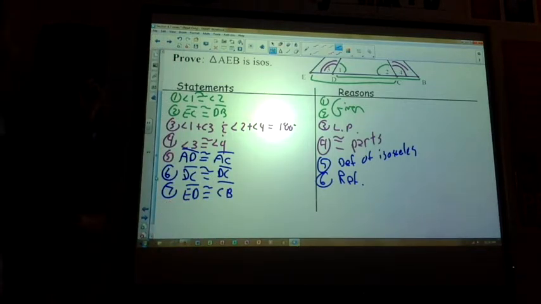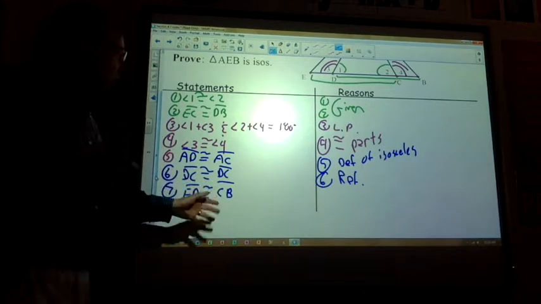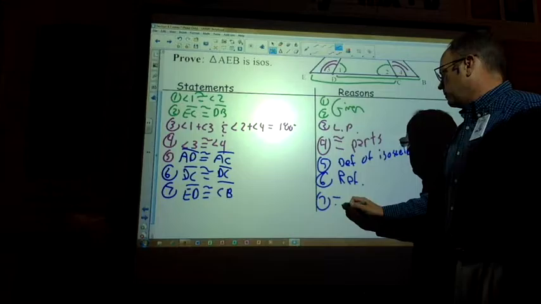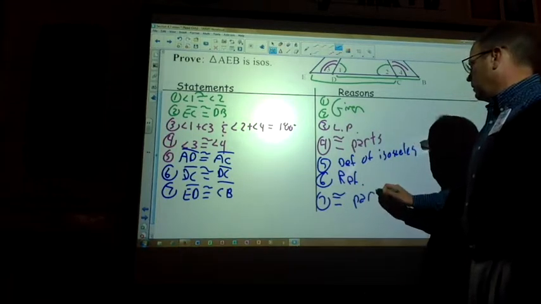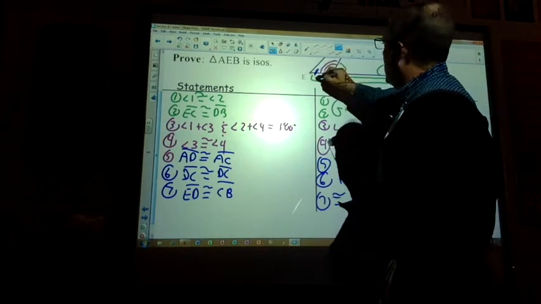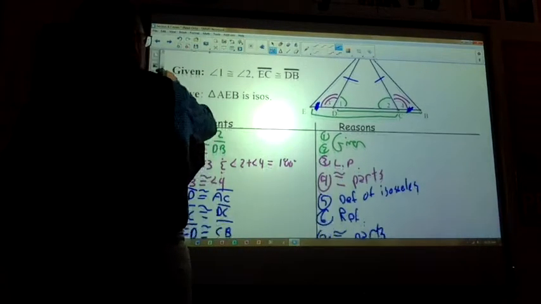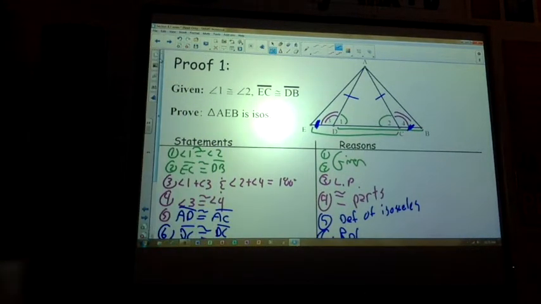We could have easily said that ED plus DC is equal to EC. We could have said that BC plus CD is equal to BD. Then we could have substituted and subtracted and found easily with the reflexive. But I think we have congruent parts here. That's going to work nicely. So now this and this are congruent. I'm almost there.